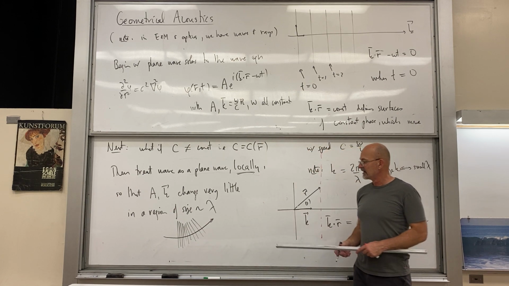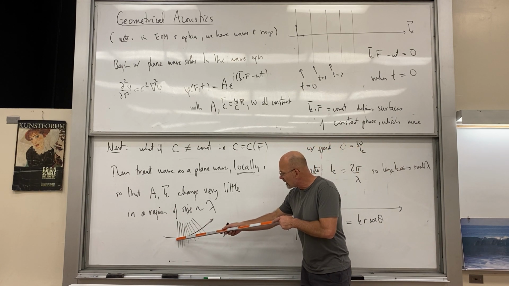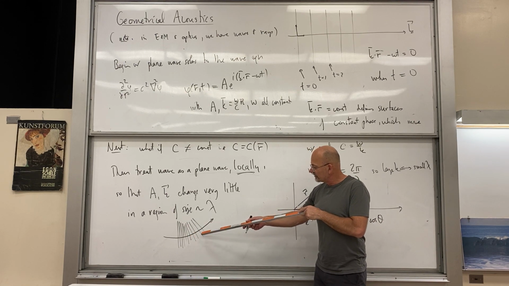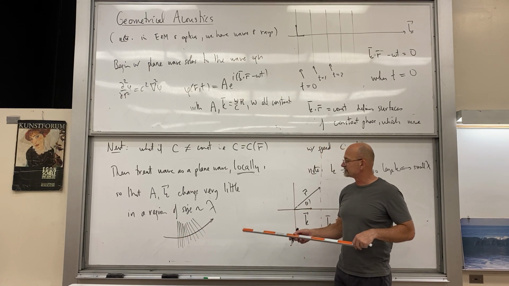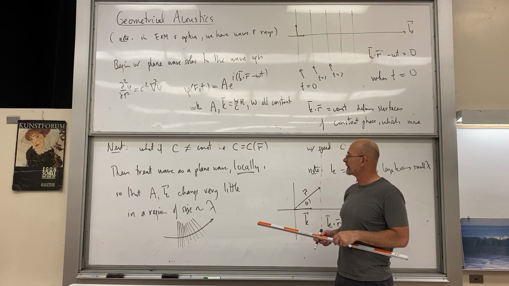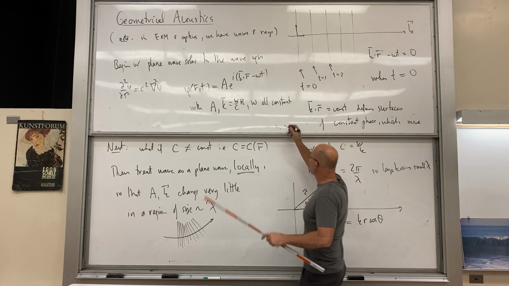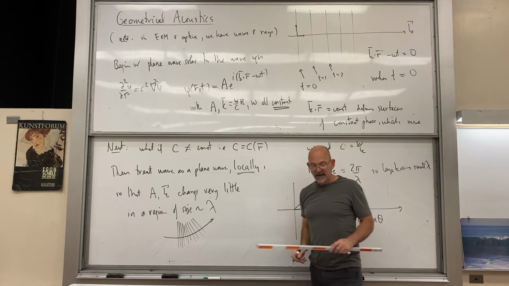Locally, your k is always perpendicular to these planar surfaces, but it gradually changes. These things are no longer constant, which they were right here. So that's going to be the condition.